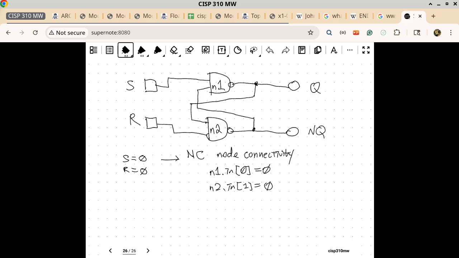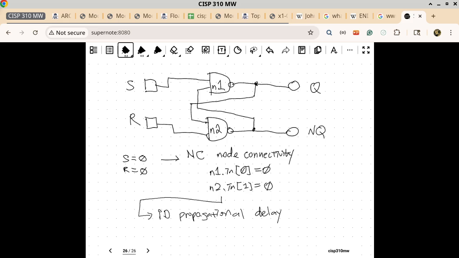So now we look at this and go like, okay, after the node connectivity, after a certain propagation delay, PD, which is propagation delay. So after propagation delay, I want to know.